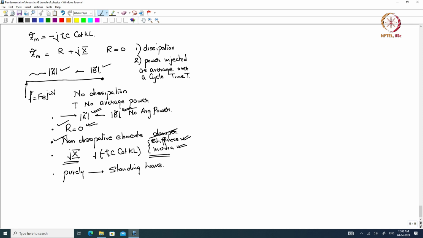Okay. And further we will see that what did we say? We said the X when it is set to 0 gives me an equation for computing resonances.